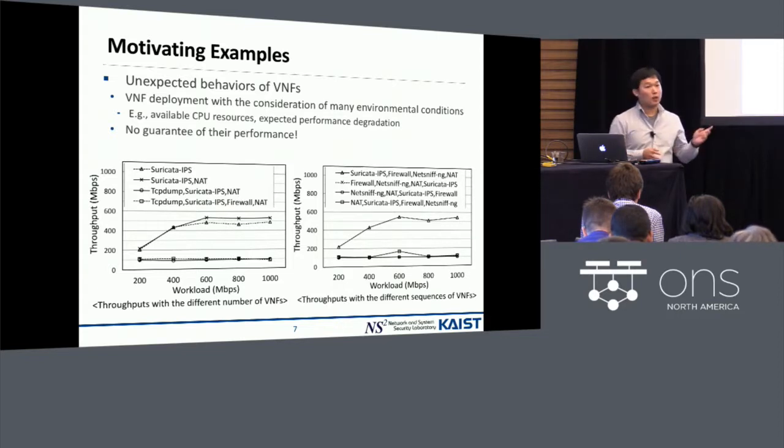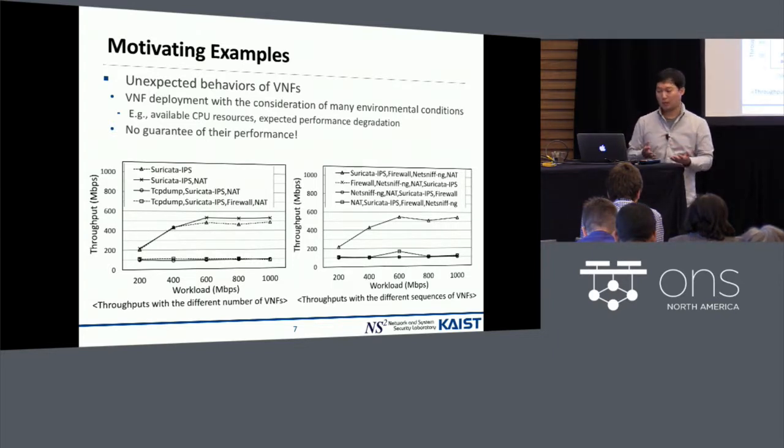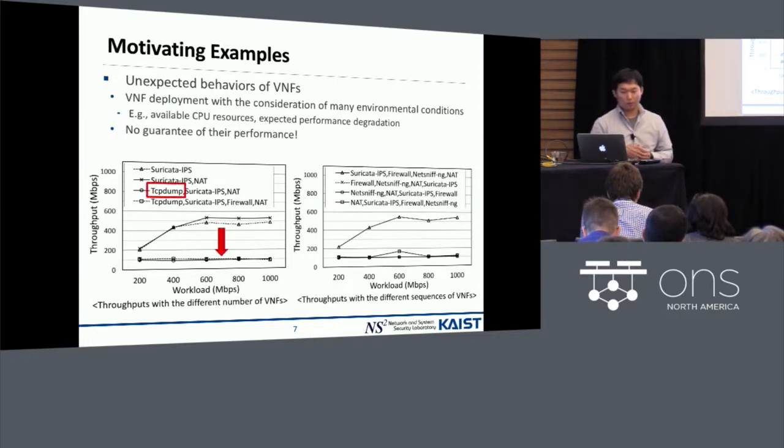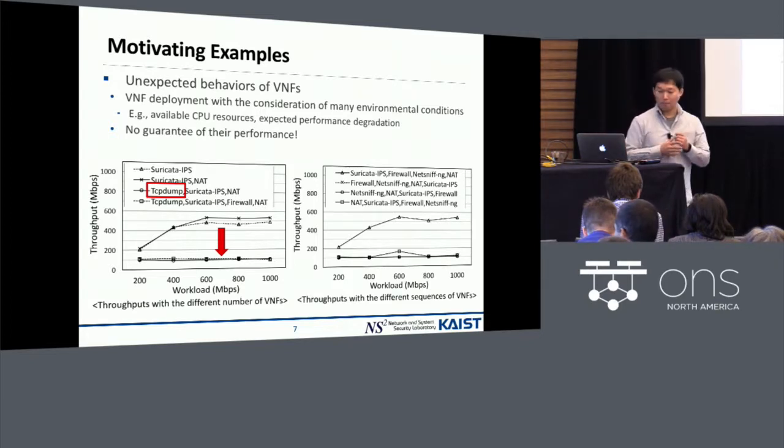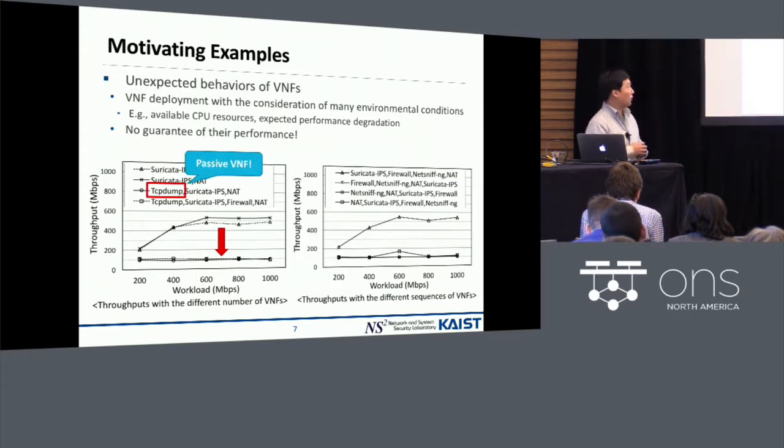So the left side graph shows that when we add a new VNF, the overall performance could be unexpectedly dropped, even though the VNF that we deployed is kind of a passive VNF that doesn't affect the overall performance.